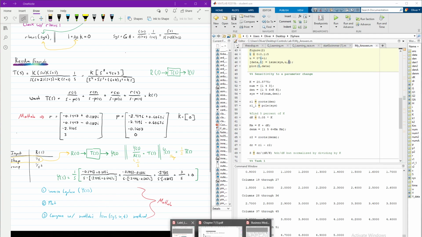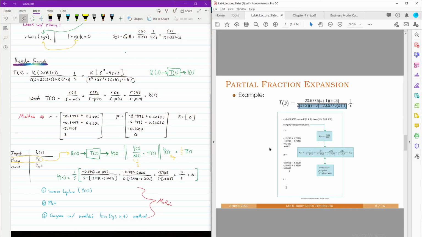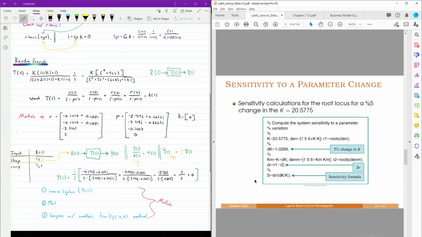We'll end on sensitivity. What sensitivity is, is how the poles of a system change depending on how your k value changes. So let's say you're at some k value, 20 point something. You have your transfer function. The poles can be found in the denominator, right? The roots of the denominator are the same as the poles of the system.